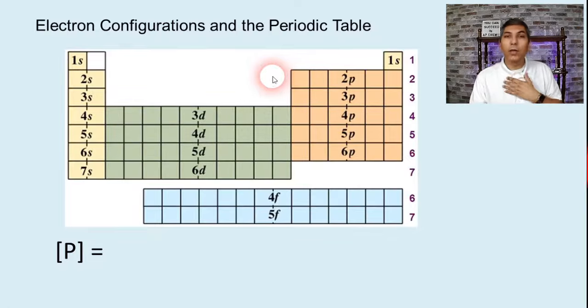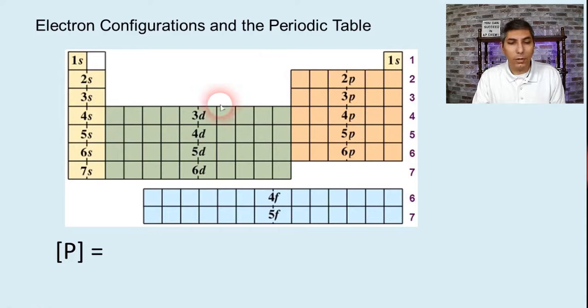Now, what I recommend is if you're asked to write an electron configuration, like for phosphorus in this case here, always start at the beginning of the periodic table with the 1s section right here. Now, remember, this is kind of like how a bus driver does the bus route every morning. He or she is going to drive along the bus route the same way every morning and go along every street and pick up all the kids that are on that bus route.